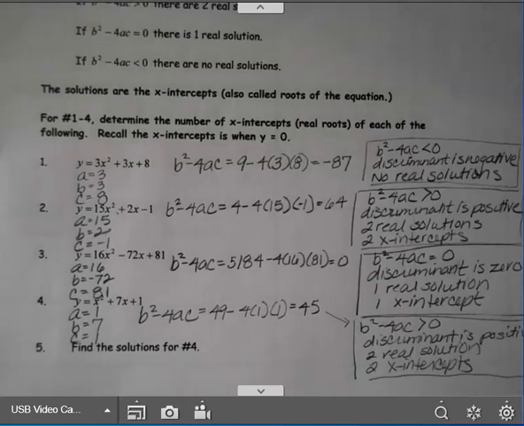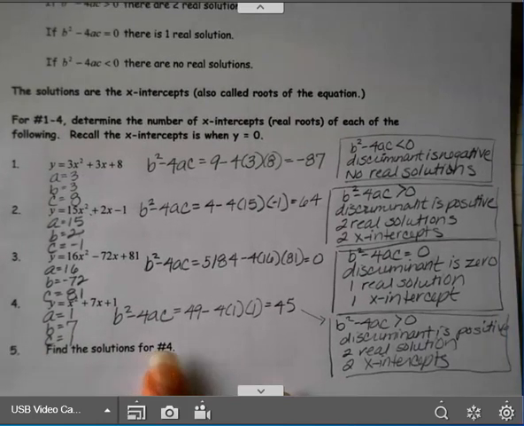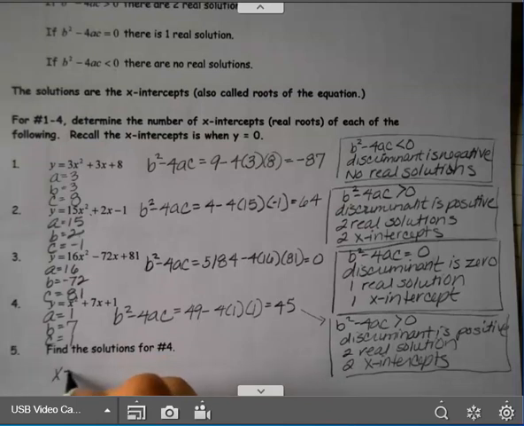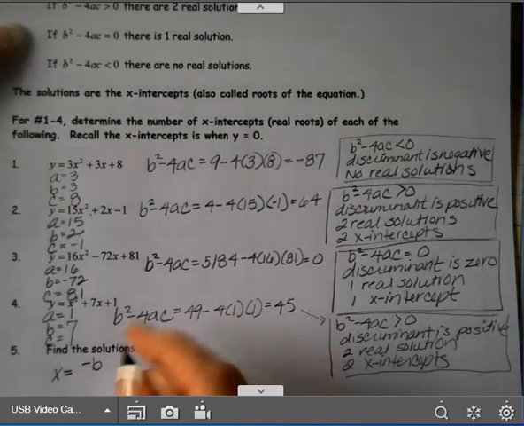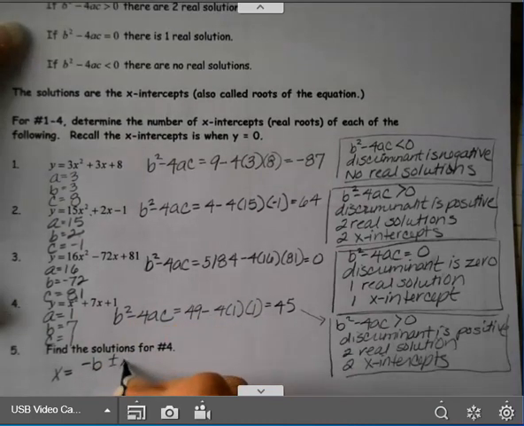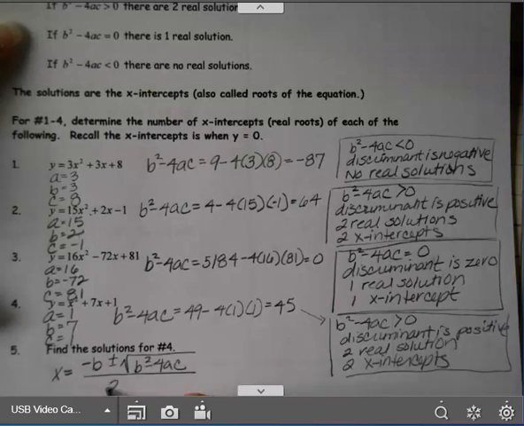For number 5, we're solving number 4. And remember, our quadratic formula is x equals negative b plus or minus the square root of b squared minus 4ac all over 2a.